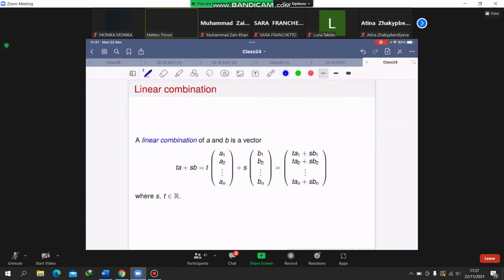The resulting vector is called a linear combination. Obviously, there are infinitely many possible linear combinations of two vectors.